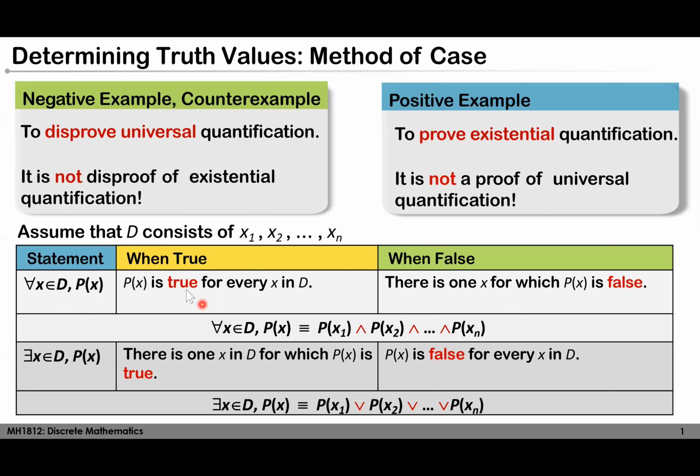So it is true as long as there is one x in D such that this instantiation is true, and it is false when every x in D makes these instantiations false.